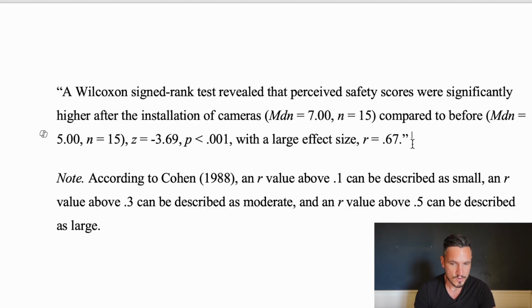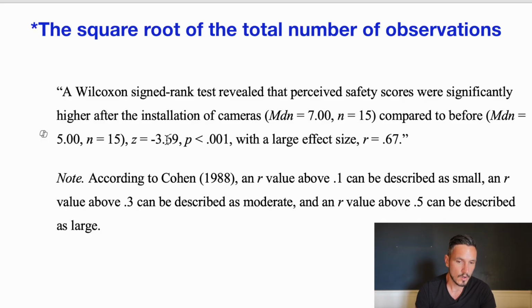This r value is an effect size statistic, and SPSS doesn't actually provide this to us. So if we want to report it, we have to calculate it ourselves. To do this, we take the z value and we can ignore whatever minus symbol might be in front of it, and we divide this value by the total number of observations.